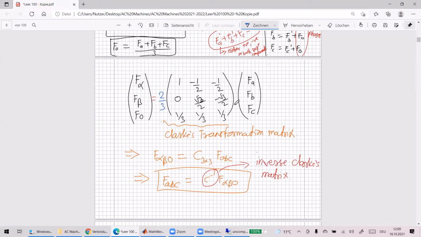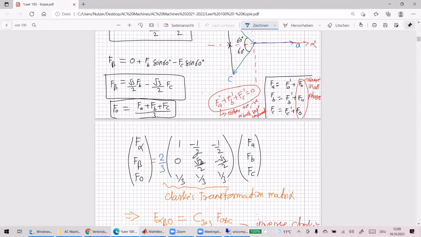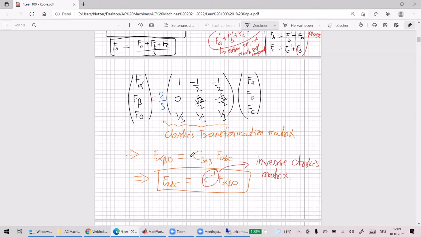What we did is we just found the components on the alpha axis and the beta axis, and we got this matrix. Now there is this factor 2/3. Why do we have it? Okay, then let's find it together. You will see this 2/3 factor, or it's up to you, I would say. You want to multiply with half, with 3, with 1000, I don't care.